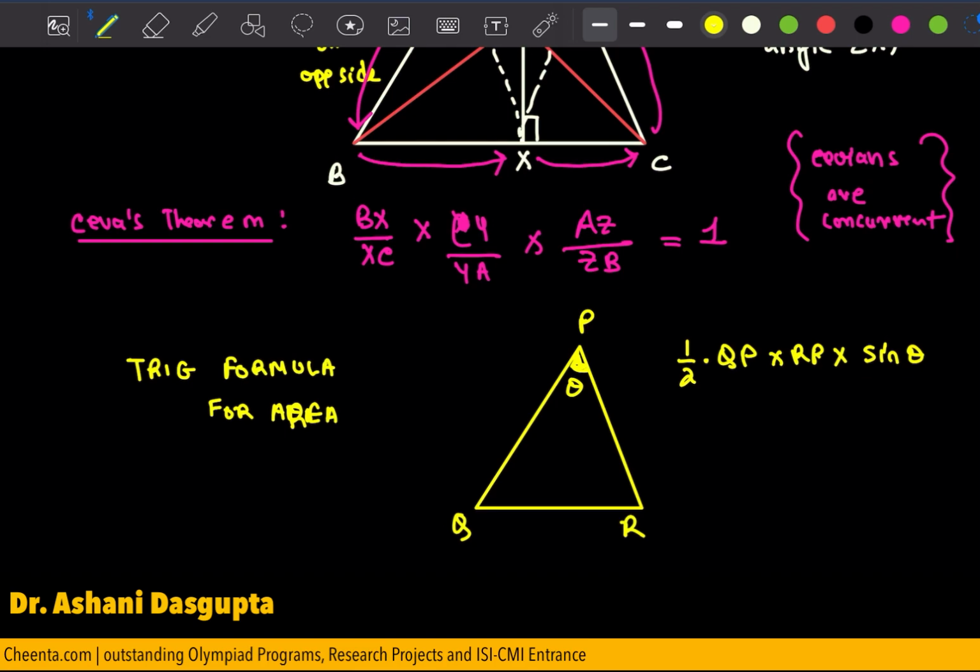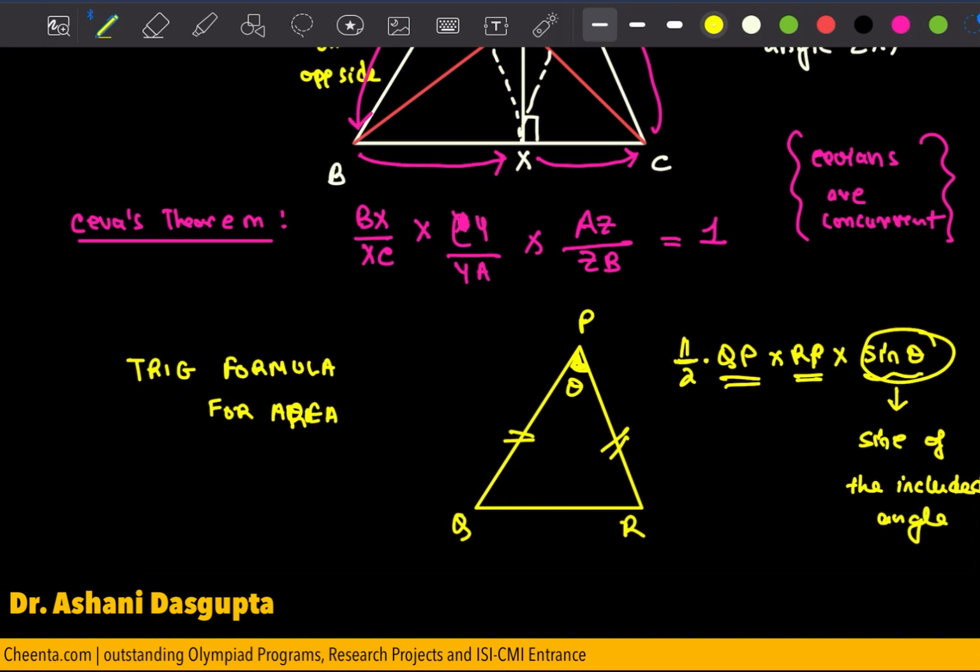Remember that this theta is the included angle. You take the product of the lengths of two sides and the sine of the included angle. Half of that is the area of the triangle.